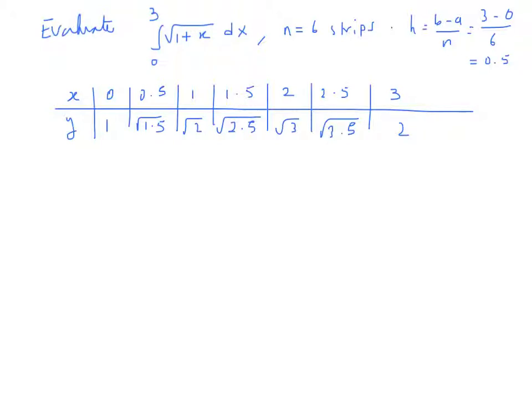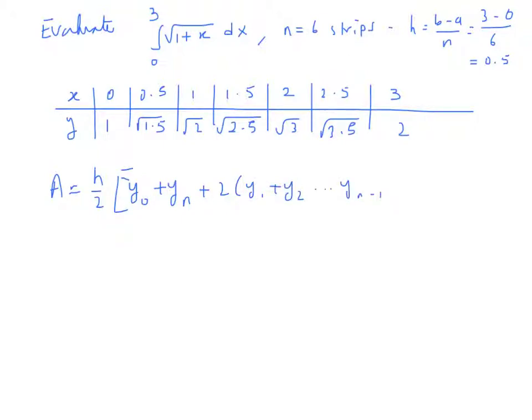We can then apply the formula for the trapezium rule, where our area approximately equals h over 2. Let me just write down the formula: h over 2 times y0 plus yn plus 2 times y1 plus y2 all the way to yn minus 1.